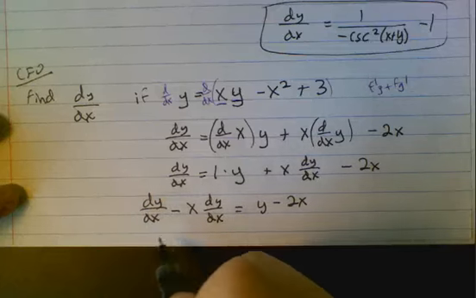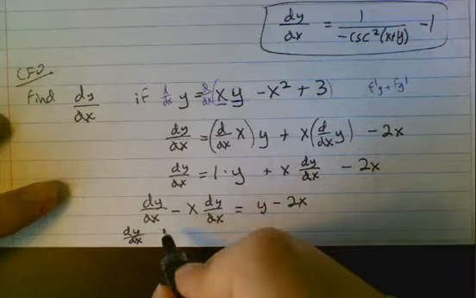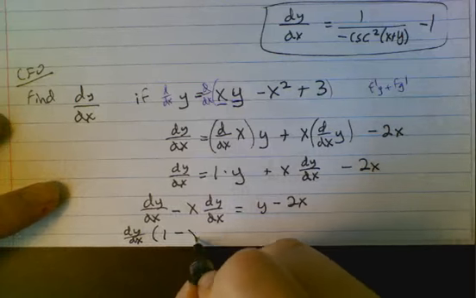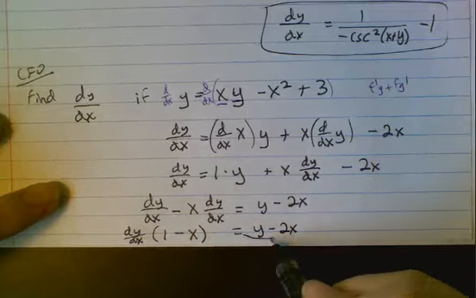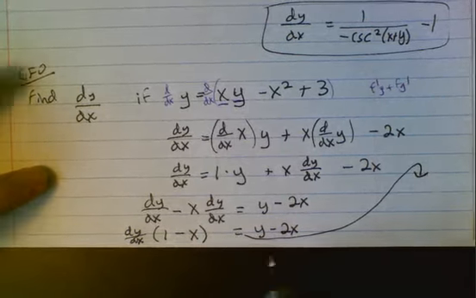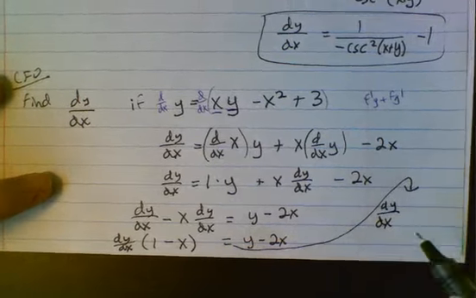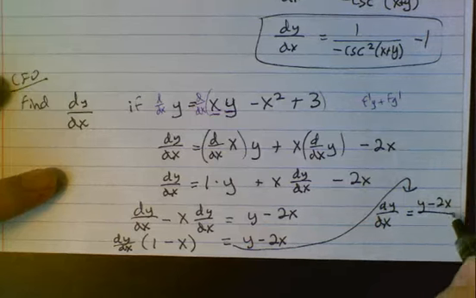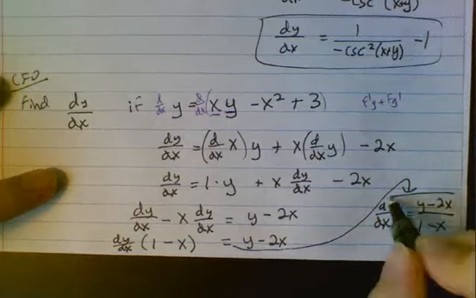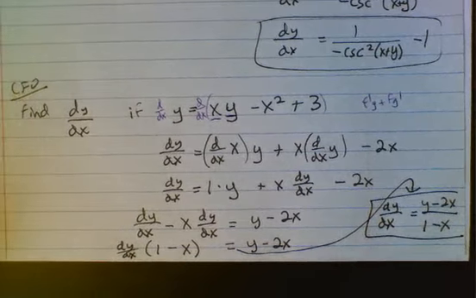Remember there's an invisible 1 here, so when I factor out dy/dx, we're going to have 1 minus x over here. That equals y minus 2x. And I can get that dy/dx by itself by dividing both sides by 1 minus x. So that's (y minus 2x) over (1 minus x).